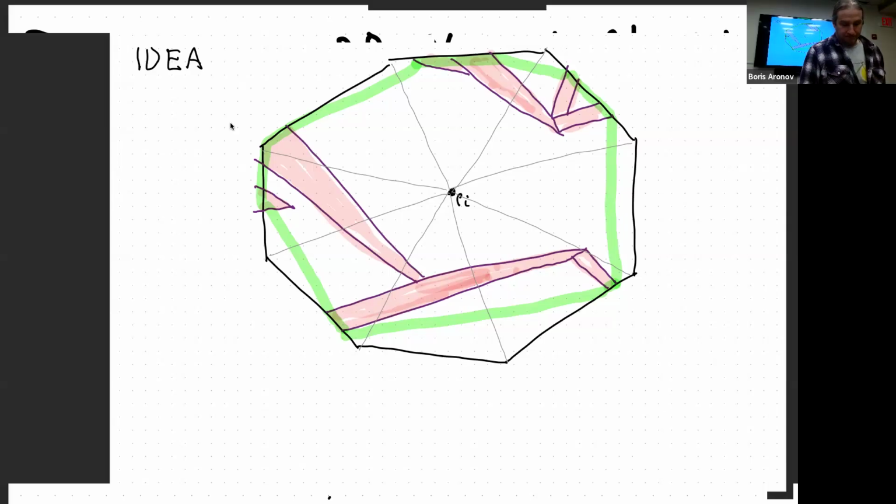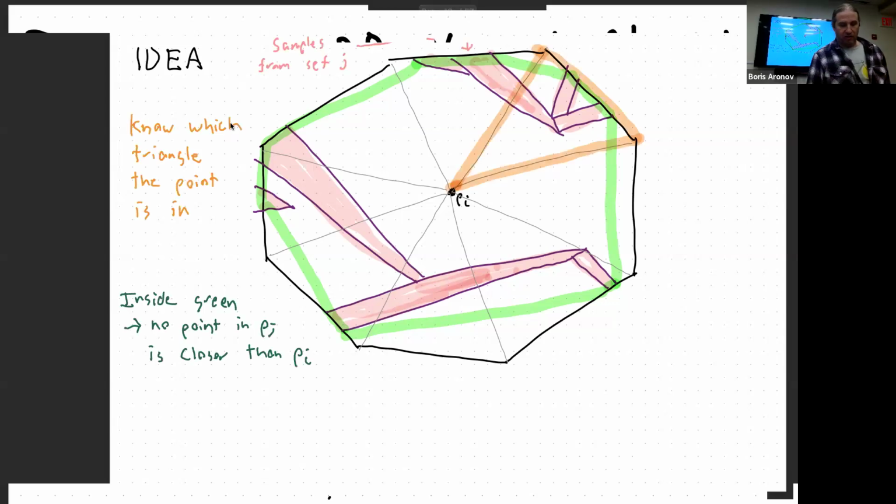And then from the center point, I split this thing into triangular pieces. And now what I want to argue is that within each triangular piece, the complexity is bounded.